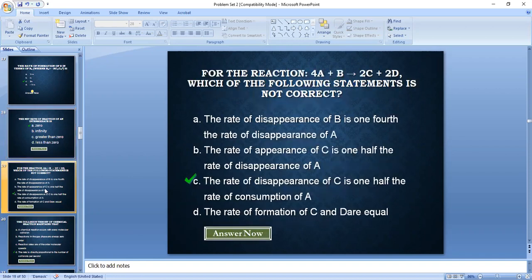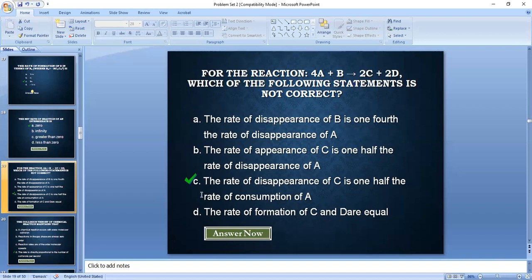So we proceed with 19. For the reaction 4A plus B forming 2C plus 2D, which of the following statements is not correct? It's so easy to spot the error, actually. If I'm going to ask you what tells you that it's the error without having to really understand each of the statements, what word gives it away that it's not correct?